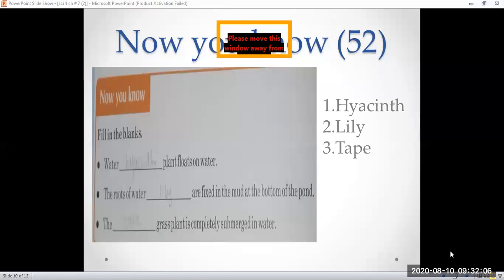Second one is that the roots of water dash are fixed in the mud at the bottom of the pond. They are the lily. The last one, the dash grass plant is completely submerged in water. That is tape.